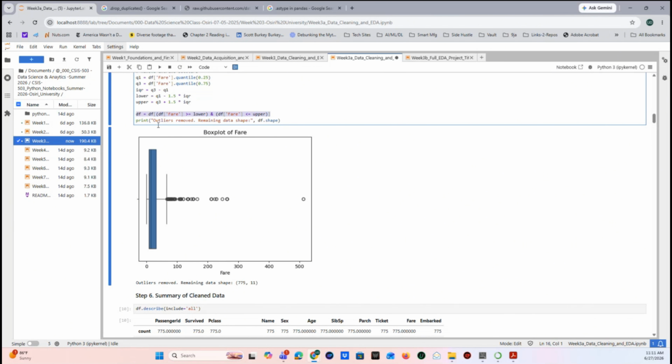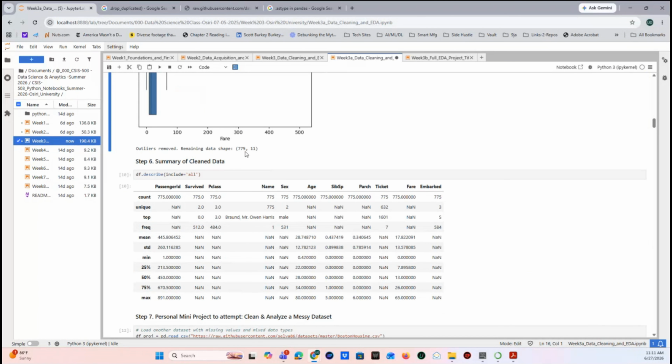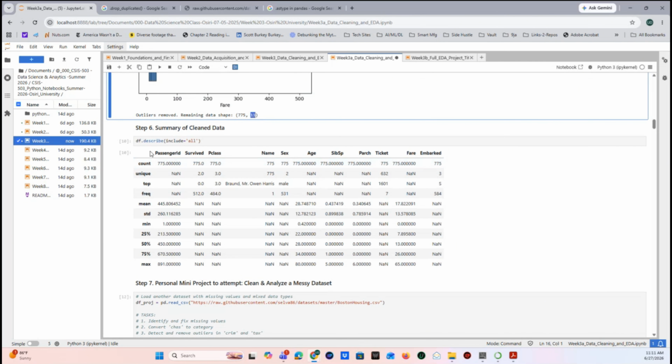That's how you restrict. In other words, anything that doesn't fall within that range is no longer in your data frame. We plot it, and this is what we have. And then look, your data has been reduced to 775 rows, 11 columns.